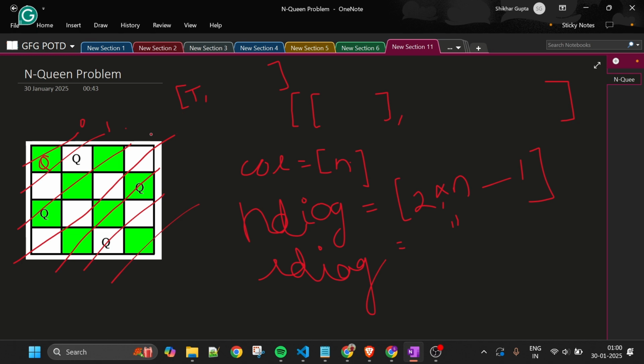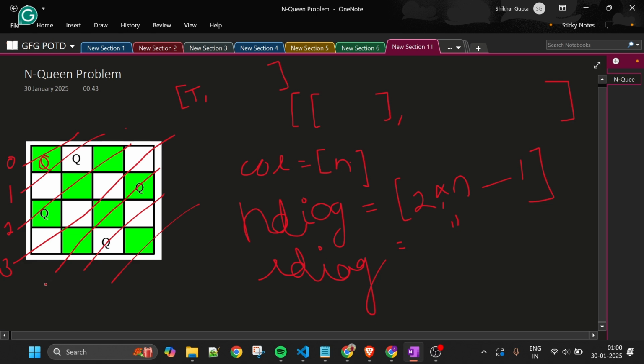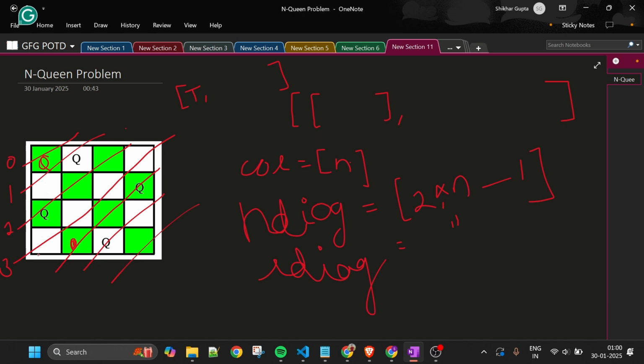I think I have written something wrong. It will be something like here: row plus column is equal to 1, 2, 2, 3. And here at this point, the row is 3 and the column is 2. Column is 1, so it will be 4, 5, and 6. Something like this, of length 7, 2 into n minus 1, 7.